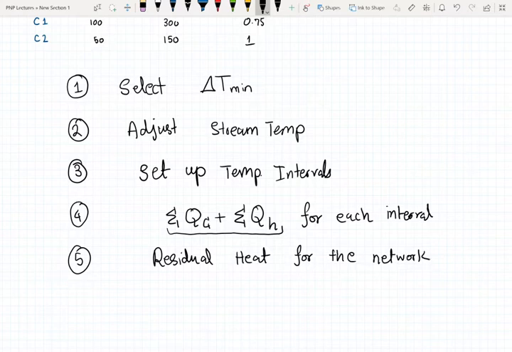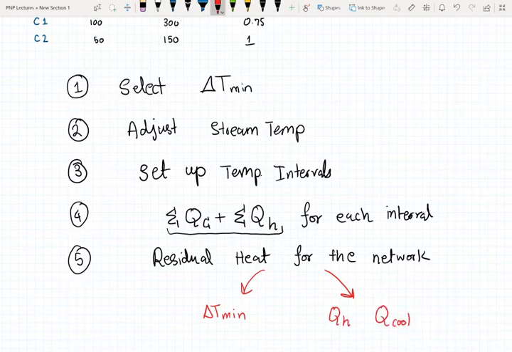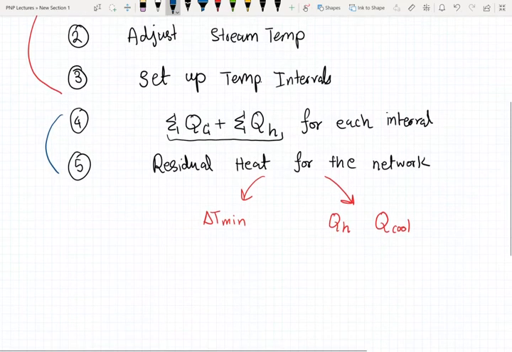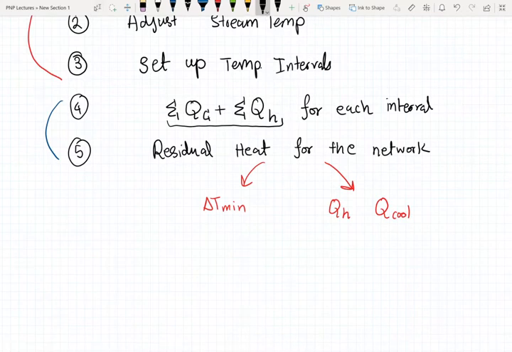Once you perform step 5, you will get the location of your pinch point and your required minimum heating utility and minimum cooling utility. In this video, we'll just do the first 3 steps and we'll look at the last 2 steps in a separate video. For this problem, let me select a minimum approach temperature of 10 degrees Celsius.